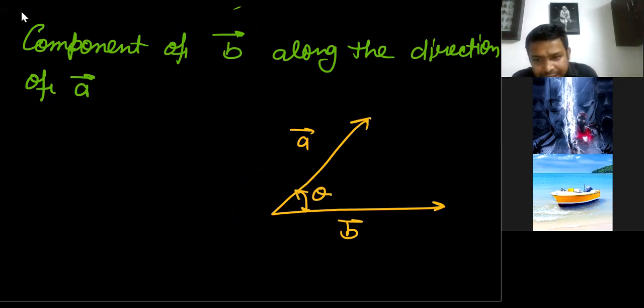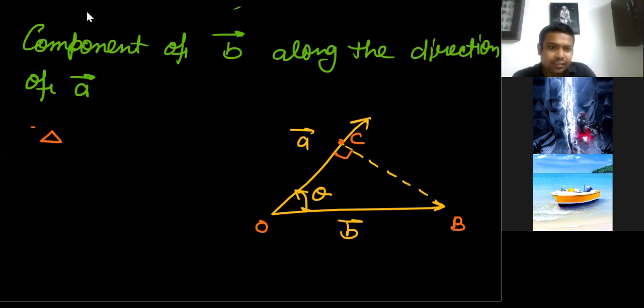Just draw the perpendicular along this direction and think about that. This is the triangle OBC, and this is 90 degrees. So in triangle OBC, cos theta is what?